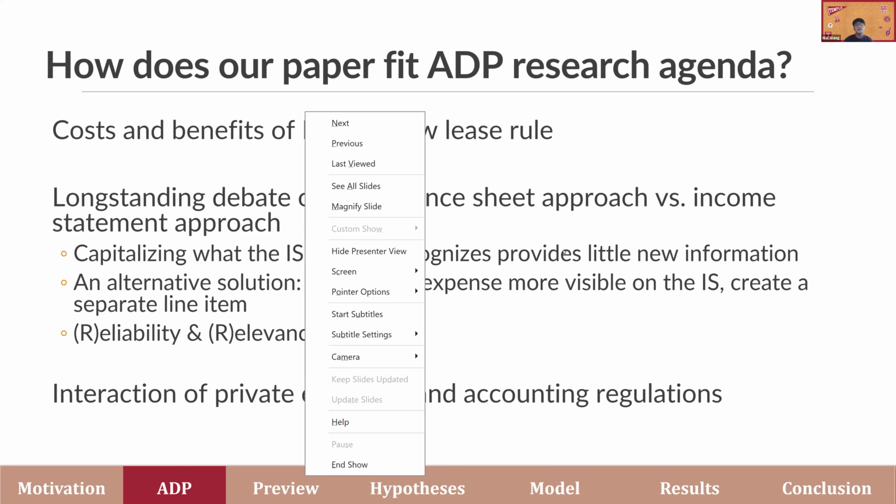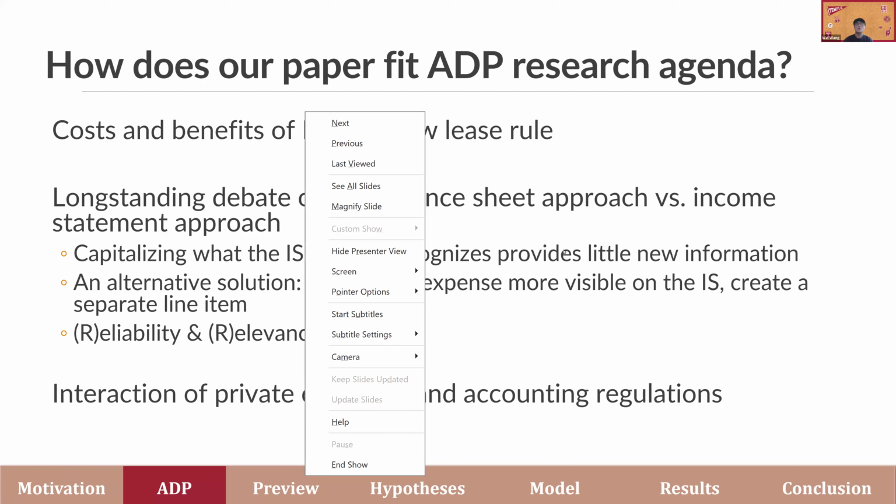At least in the context of leasing, it seems like the solution would be just to make lease expense more visible on the income statement, right? We're not saying FASB got it wrong, but if you capitalize operating leases, which are already informative, it seems like the solution would be to make that lease expense more visible.